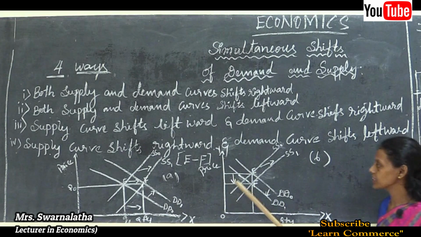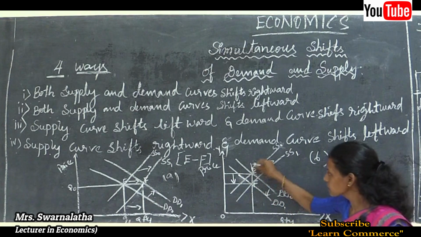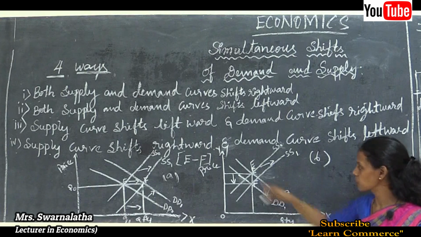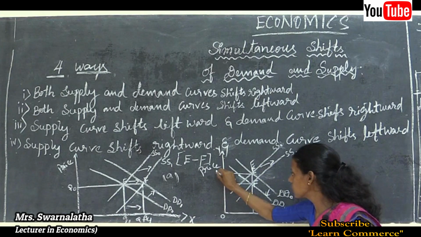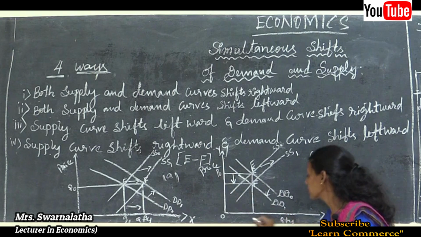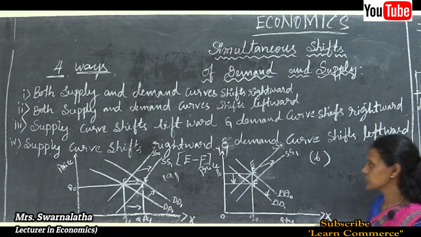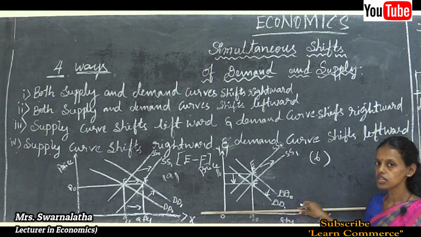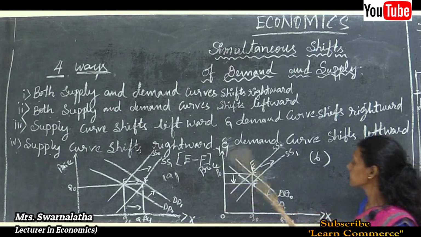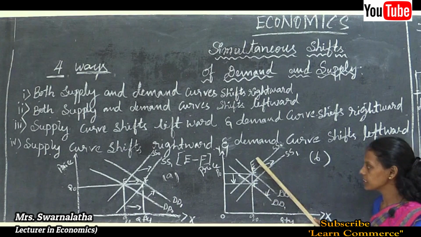The initial equilibrium you can see at point E, where the price is P0 and the quantity produced is Q0. In the initial stage, at OP level of price, OQ amount of goods is produced. So, the initial equilibrium is at point E.